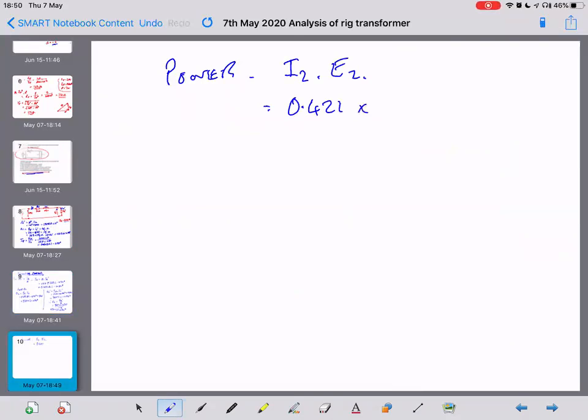Times, and we calculated 230 volts, didn't we? That's 97. Yeah, pretty much. 97.1 if we stick to our 3 significant figures.